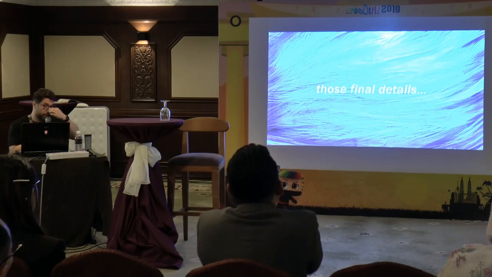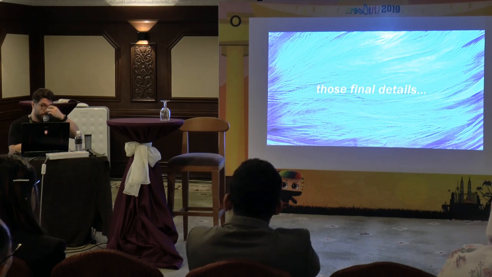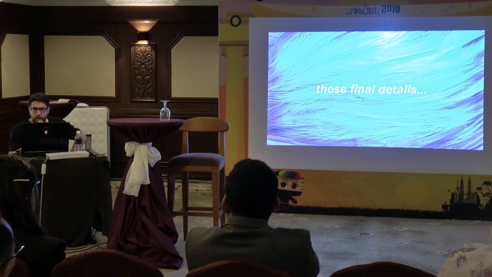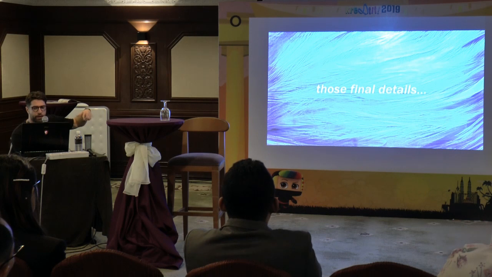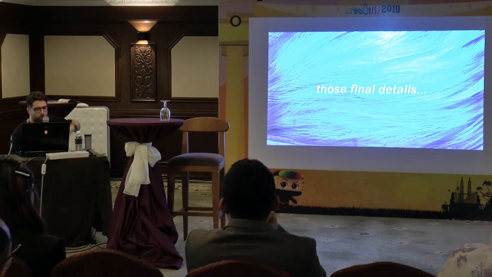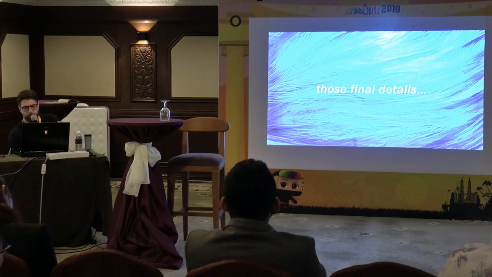And those final details. It is not my intention, of course, to give you a master class of animation because it takes a lot of time. But yeah, I think it's important to mention that nothing of this works at its maximum if you don't care, from my point of view, about these next points.